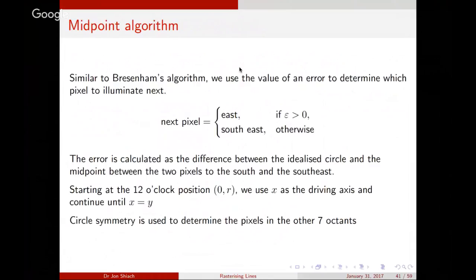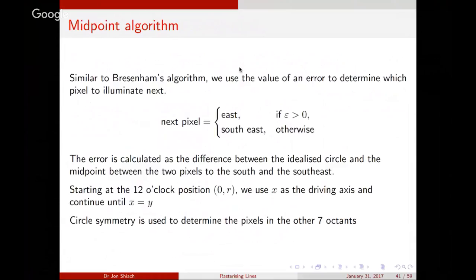The error is calculated as the difference between the idealized circle and the pixel center. And we start at the 12 o'clock position. Okay, so with all of this derivation, we're assuming our circle is centered at the origin. So if we start at the 12 o'clock position, we're starting at (0, r), where r is the radius.